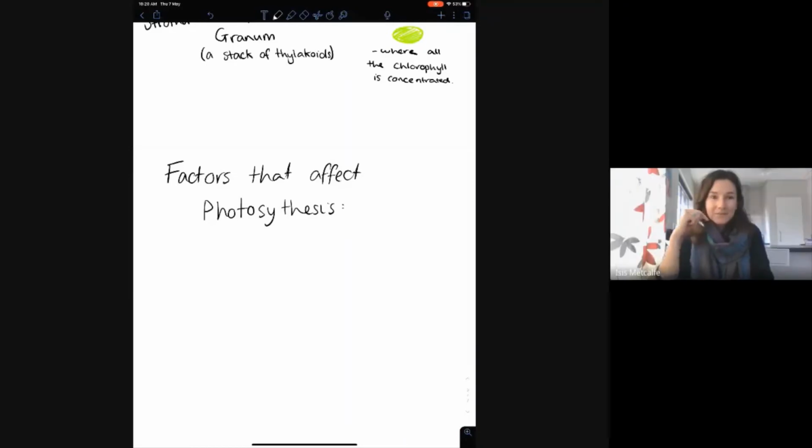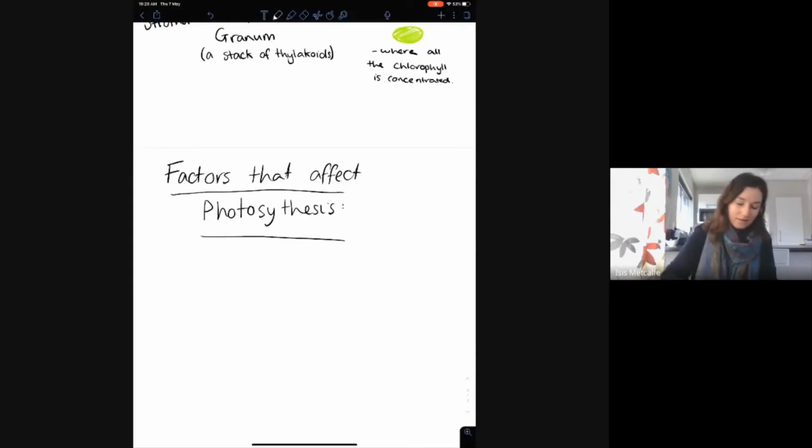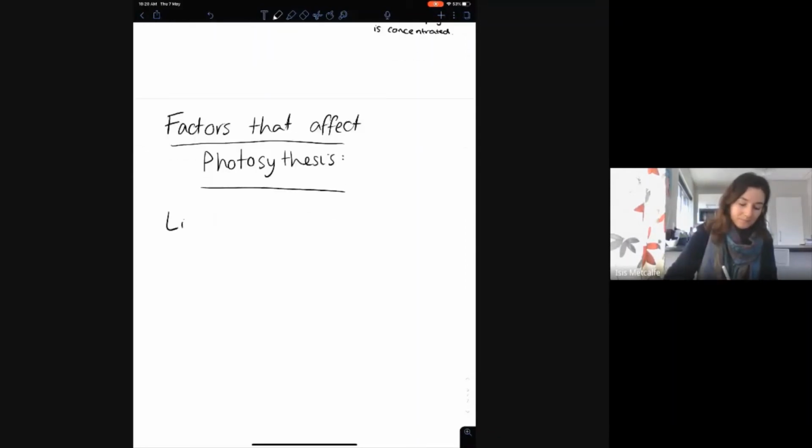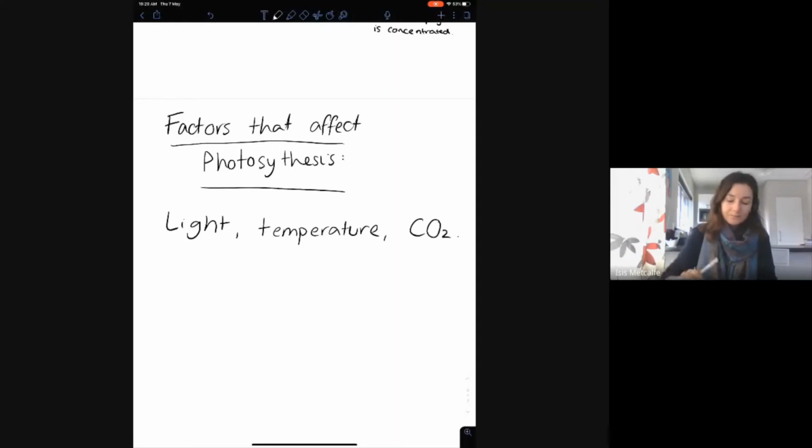Light? Yeah, nice, Maya. So light is definitely going to be one. Another one is going to be temperature. Another one is going to be CO2.